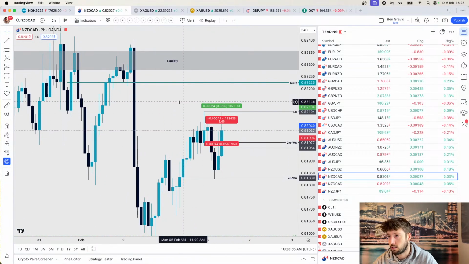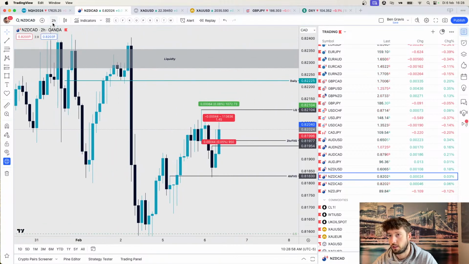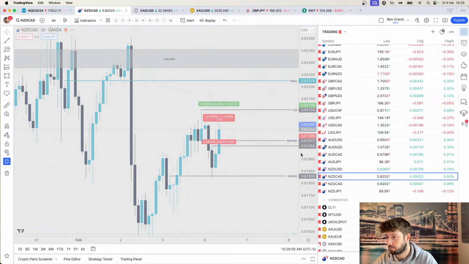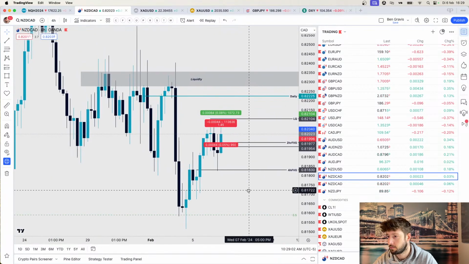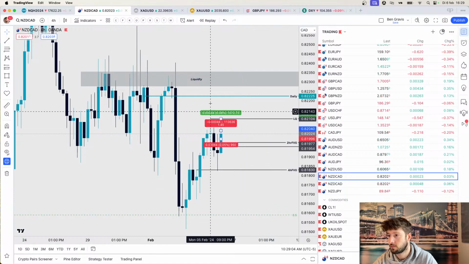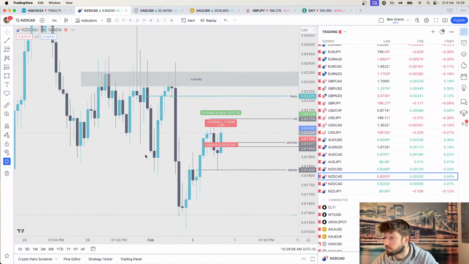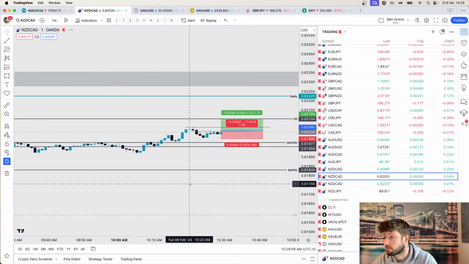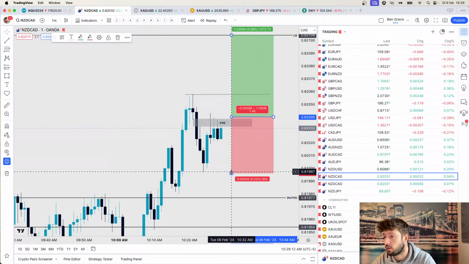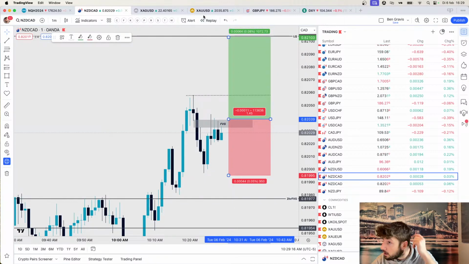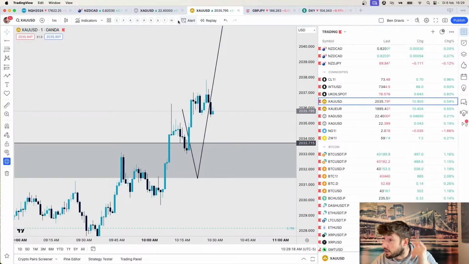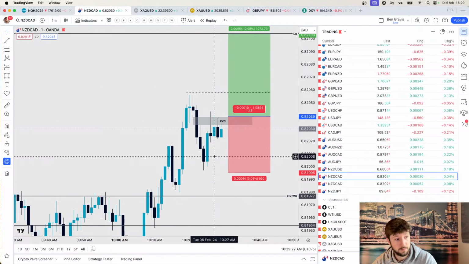I kind of think so, because I do really want to see it higher. Just blasting through towards liquidity. That's really the only chart that is a bit clear on the higher time frames. Other charts are quite difficult to say.